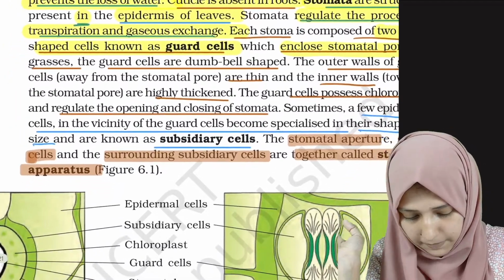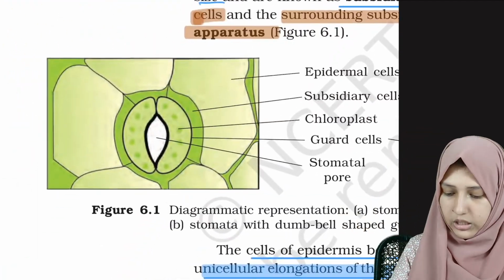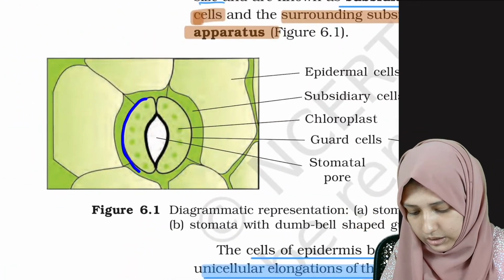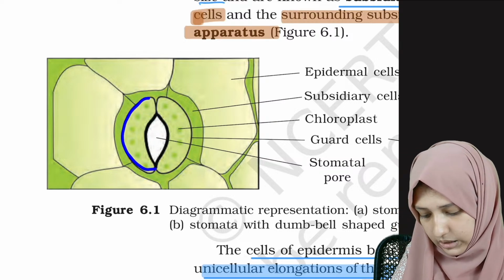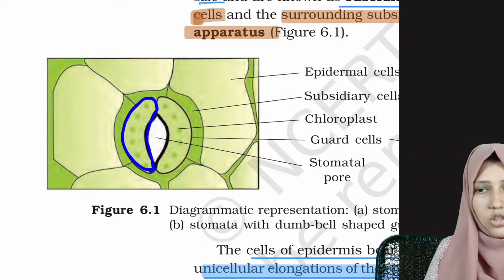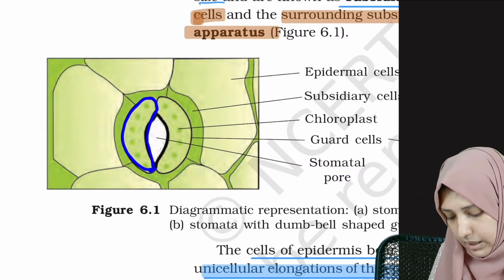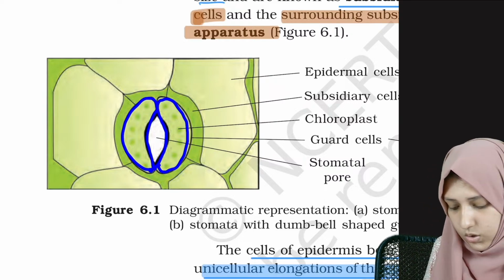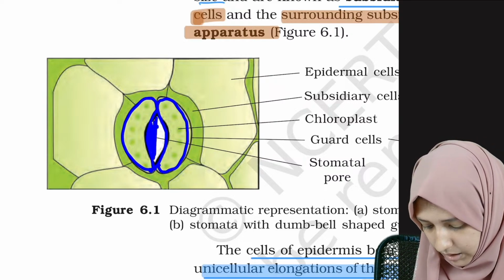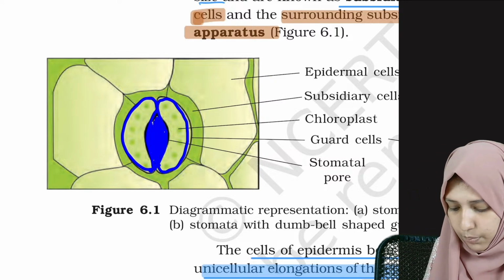We will see the picture. Just see this. There are two bean-shaped structures. This is the stomata, and these bean-shaped structures enclose to form this stomatal pore.